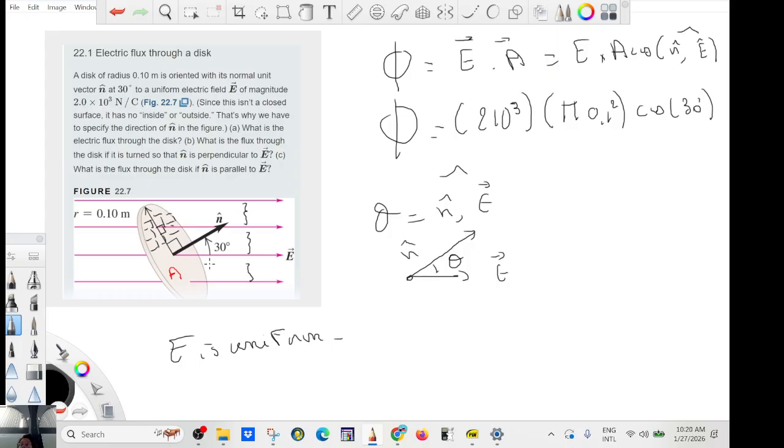It's fine here, but sometimes it can be tricky, because if you don't do it right, you're going to find the sine instead of the cosine. What do you get? 54 Newton meter squared per Coulomb.